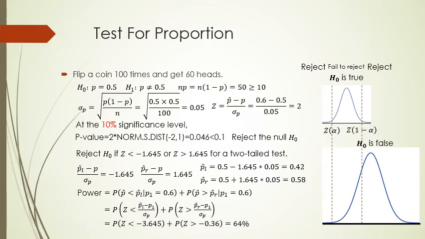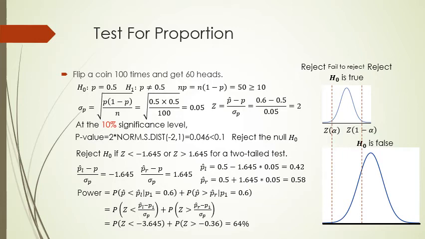Now let's calculate the power of the test for this example. At the 10% significance level, we may reject the null if z is less than minus 1.645 or z is larger than 1.645 for the two-tailed test.